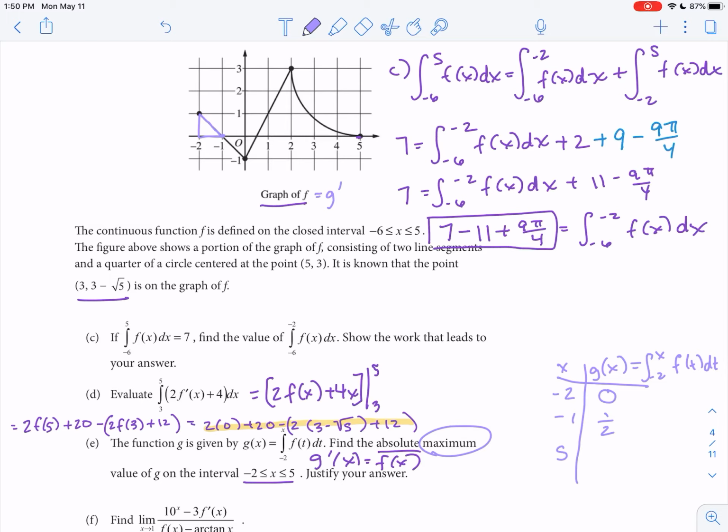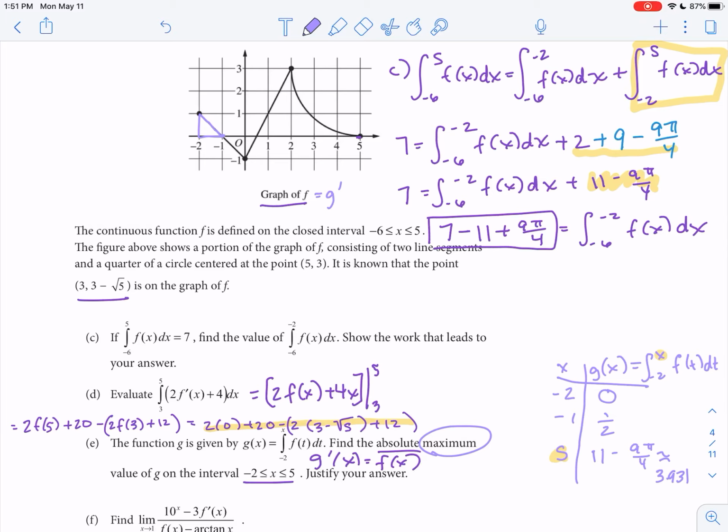And if I plug in 5 for x here, I get the integral from -2 to 5. But didn't we already find that up here? Wasn't that this, which eventually became that? So that is 11 minus 9 pi over 4, which is approximately 3.931.